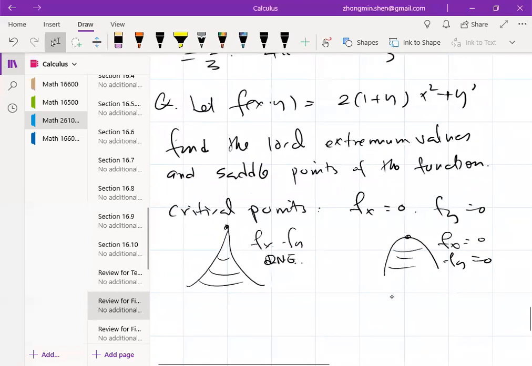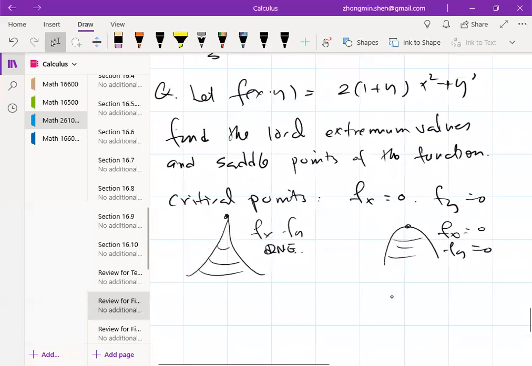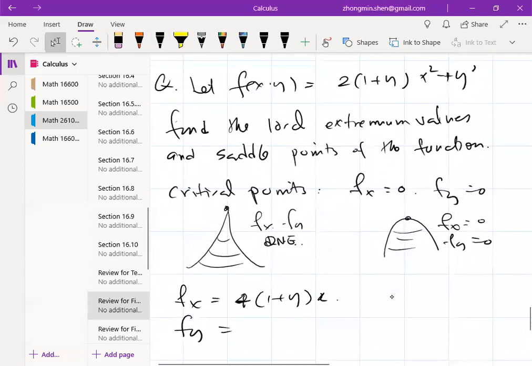Don't forget the point where the derivative doesn't exist. All right, so let's find the partial derivatives. fx is going to be 4x(1 plus y). fy is a little bit complicated: the first factor is 2x squared and 2y, I think, right?